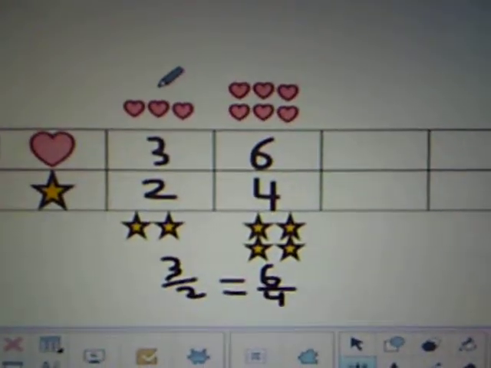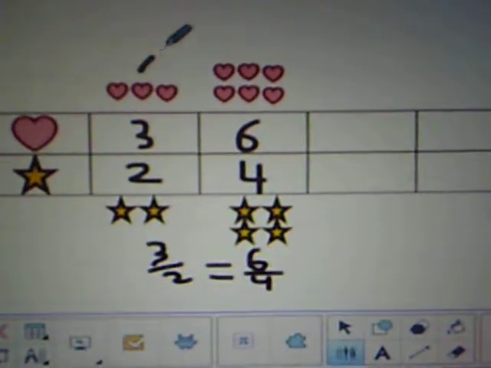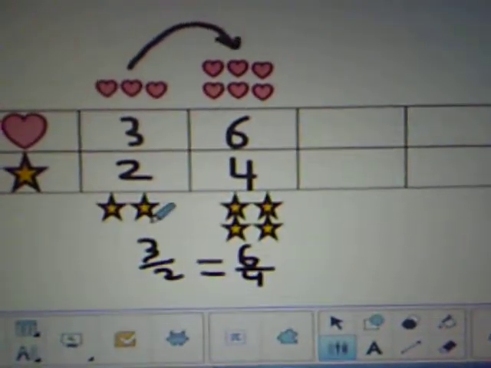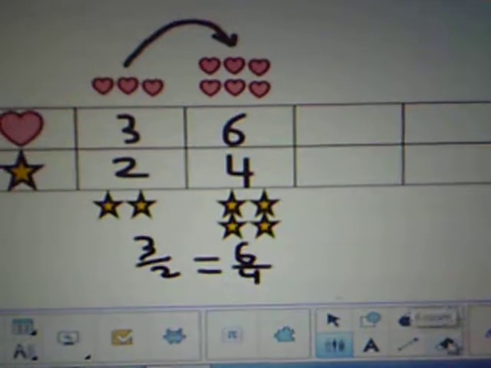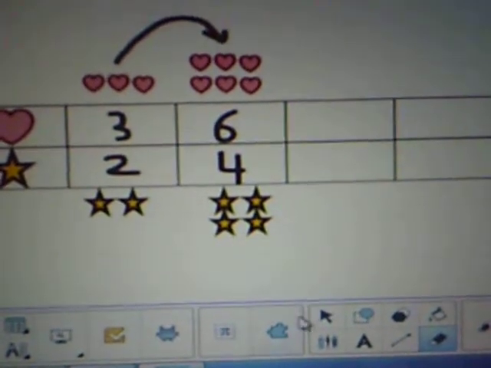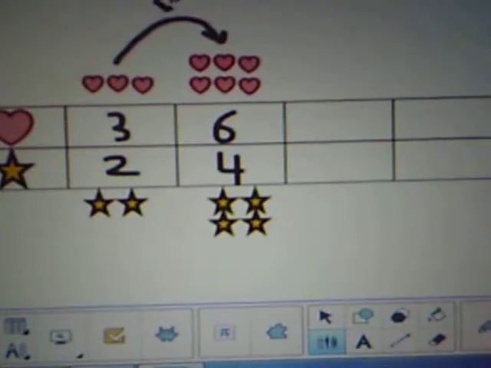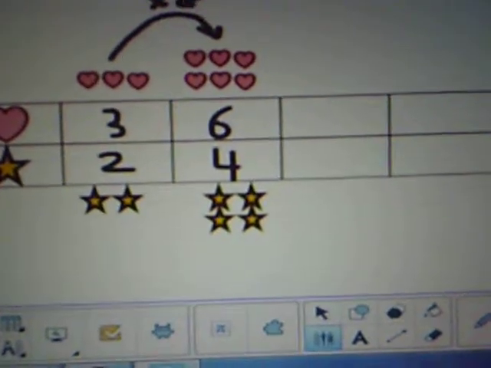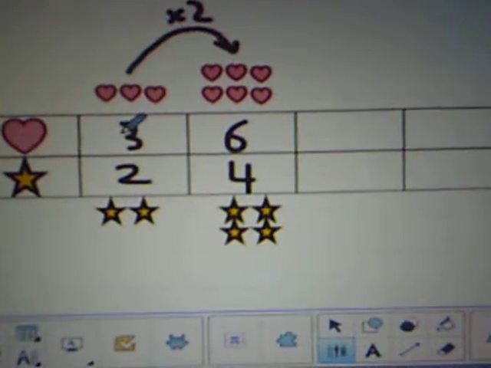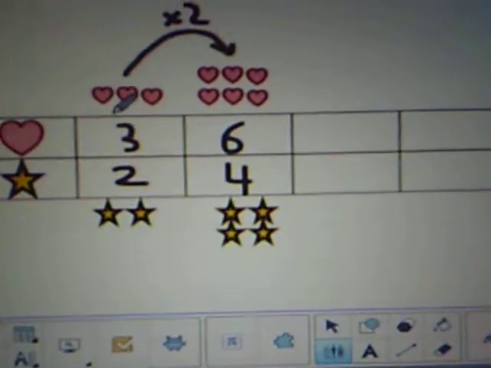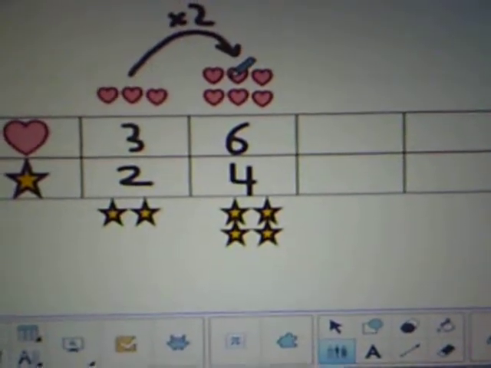One thing that you may notice is that if you look between this here, we actually have a multiply relationship. We have a times 2. What we did is we took everything here in this top box, 3 hearts, and we times it by 2.